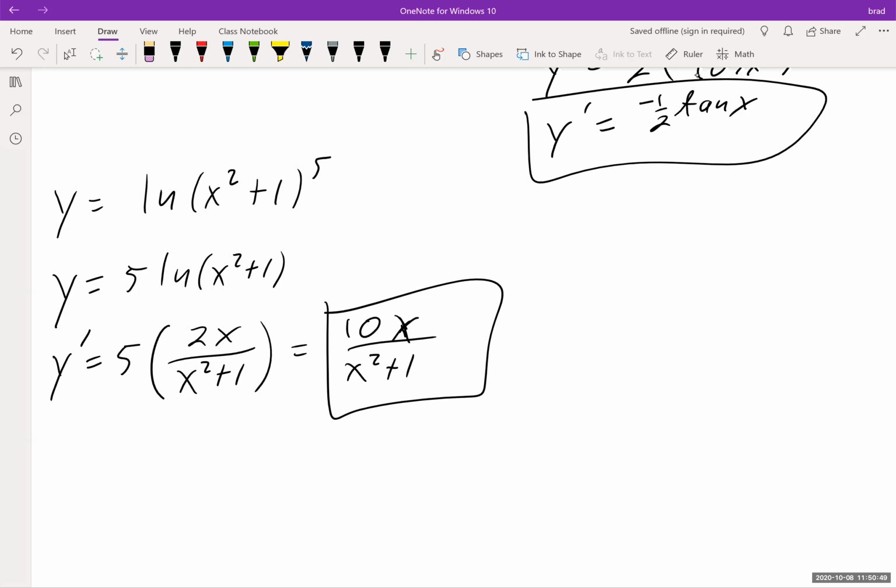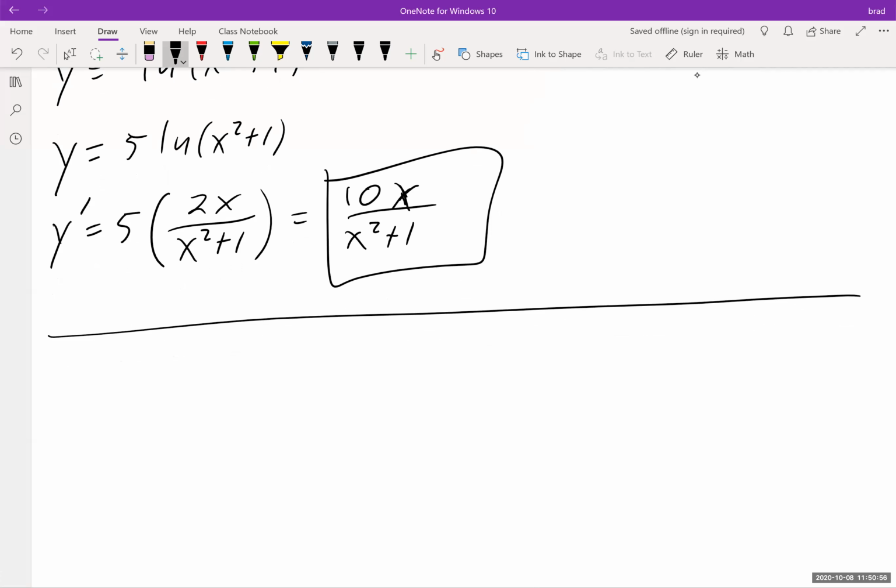Okay, so now that we know how to do that, we're going to run into another problem. What if we're trying to find the derivative of y equals (3x plus 1) to the x? What would y prime be?